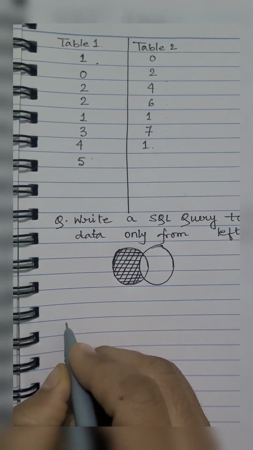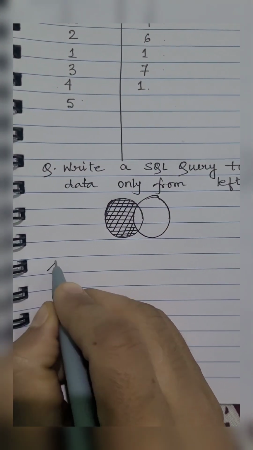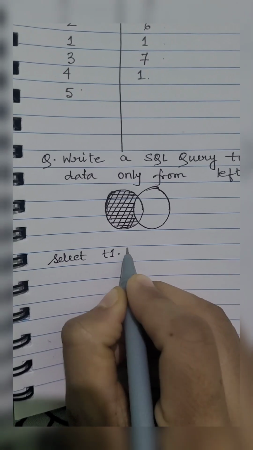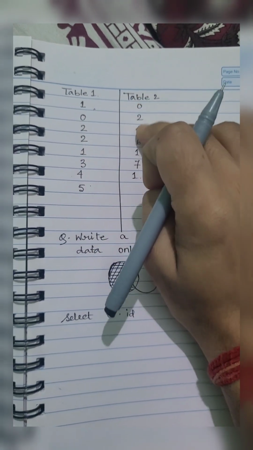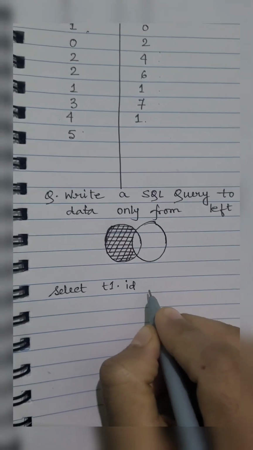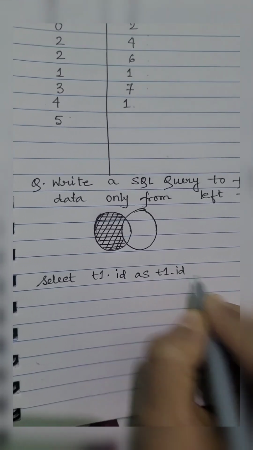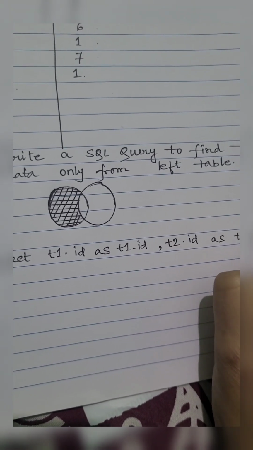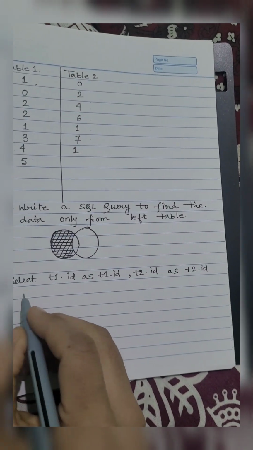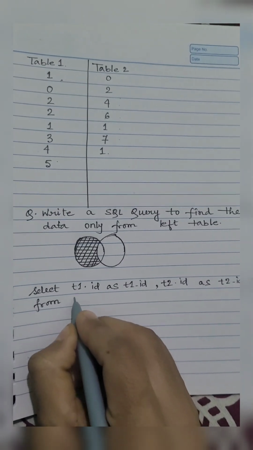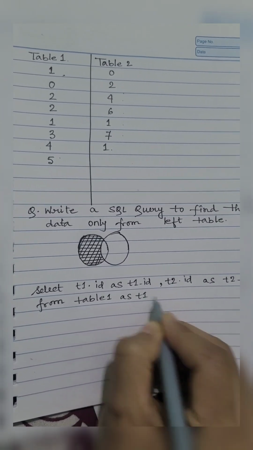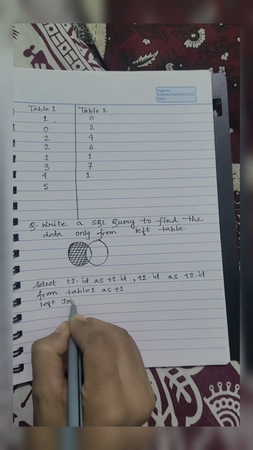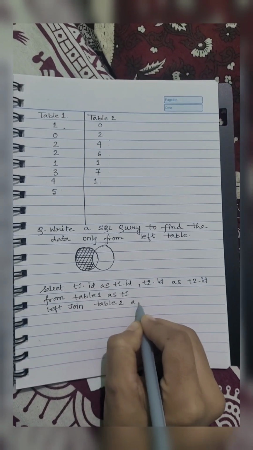So see, the first query will be: select t1.id, I'm assuming that this column is id, and this column is also id from table 2, as t1_id, comma t2.id as t2_id, from table 1 as t1, left join table 2 as t2.